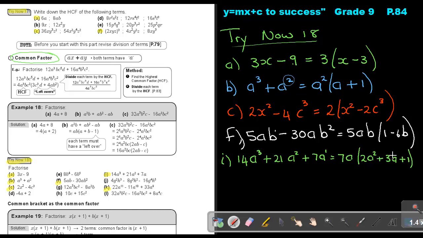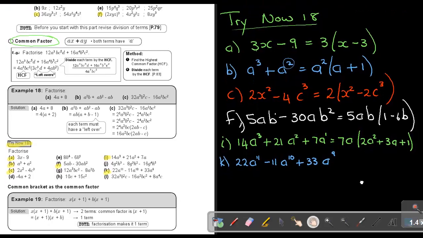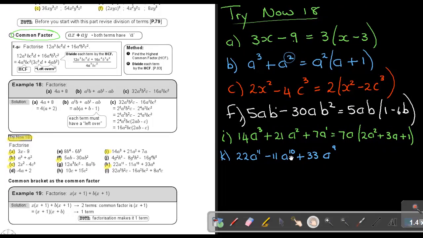And then the last one is number K. So this is 22A11 minus 11A10 plus 33A to the power of 9. Okay, so let's just move up a little bit. Okay, you can see 11 without, so it's 11. Is there A?